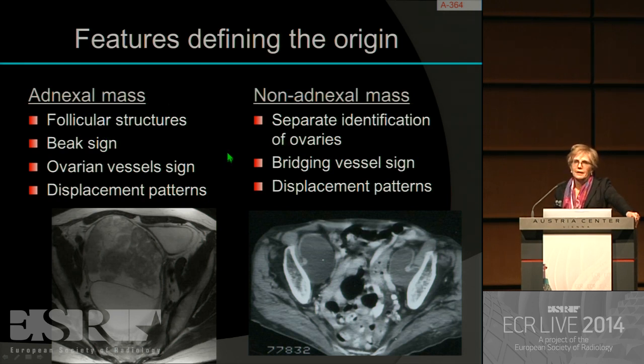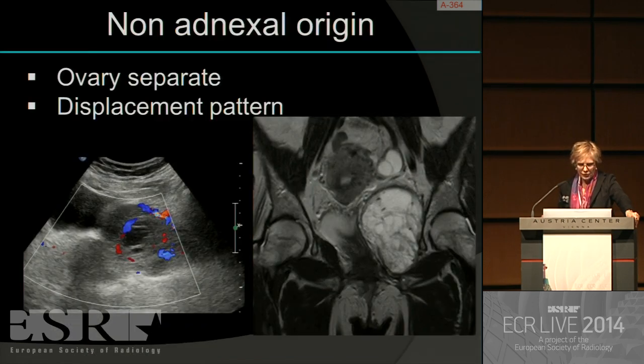We look for the vessels feeding these structures, and we look also for displacement patterns. And particularly for the extraperitoneal lesions, what we will find is a displacement to the medial side if the origin is the lateral pelvic side wall, or to anteriorly if the origin is the posterior extraperitoneal region.